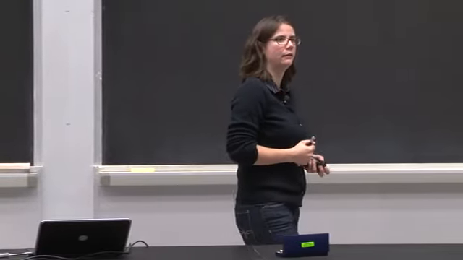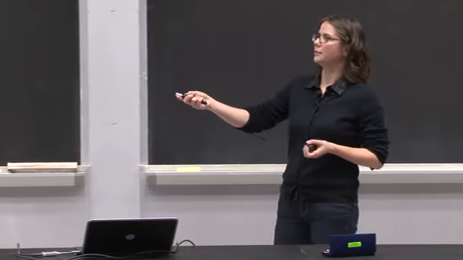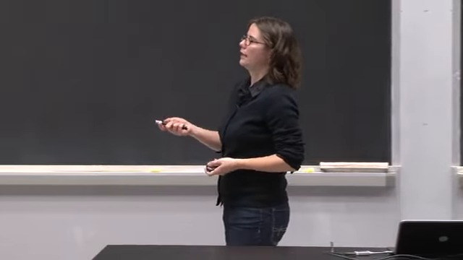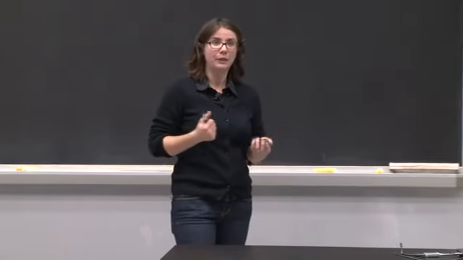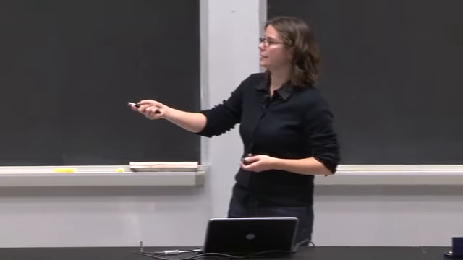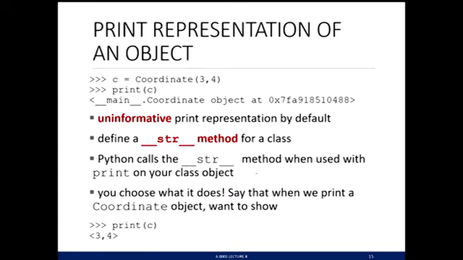If you define this method in your class, that tells Python, when you see a print statement on an object of type coordinate, call this method and do everything that's inside it. And you can choose to make it do whatever you want inside your definition of str. In this case, let's say when we print a coordinate object, we're going to print its x and y values surrounded by angle brackets. That seems reasonable. So from now on, when you print coordinate objects, you're going to see things like this, which is a lot more informative.